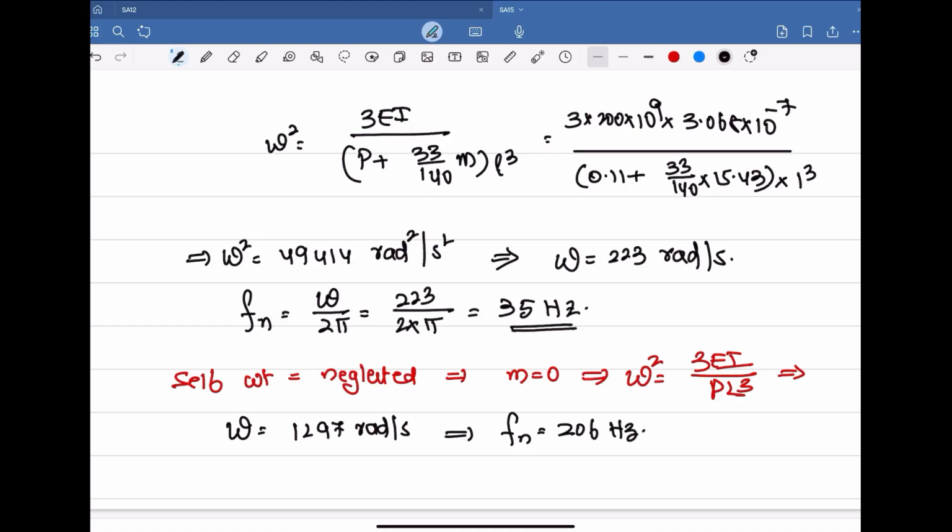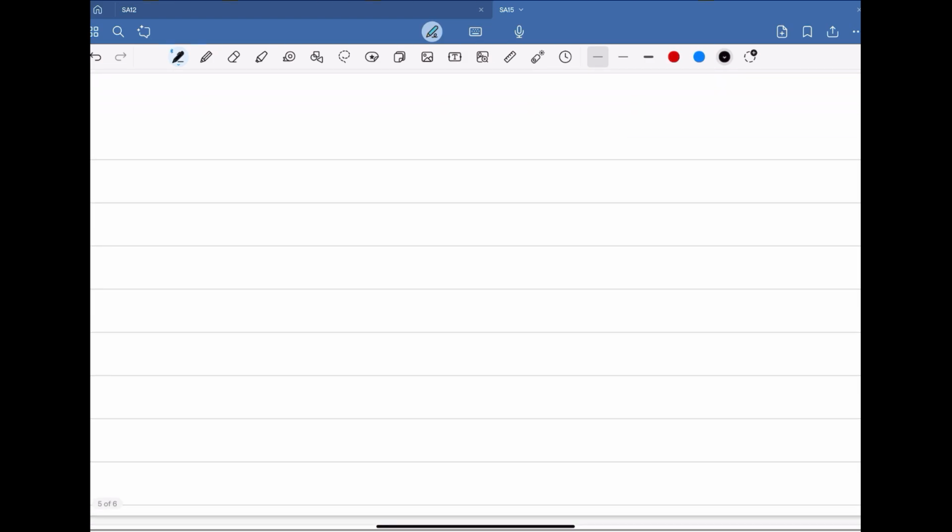That means, why we have considered the self weight here. The reason, please try to understand. This type of questions may come in your examination, especially in SSC JE.